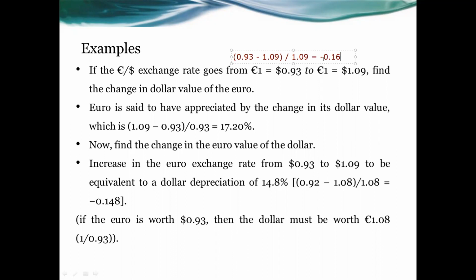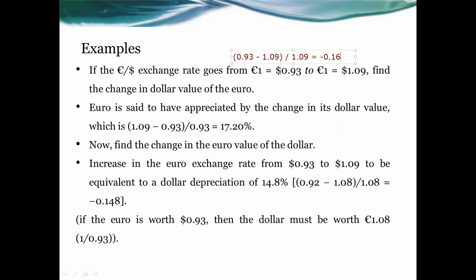If you are getting a minus value when calculating, that indicates that one currency is getting depreciated against the other currency. So which currency is getting depreciated? In this case, the dollar is getting depreciated. Why?